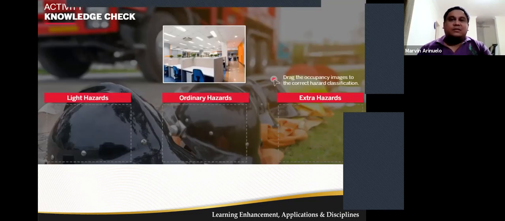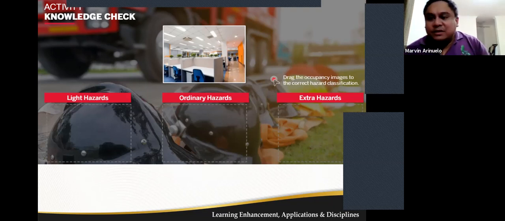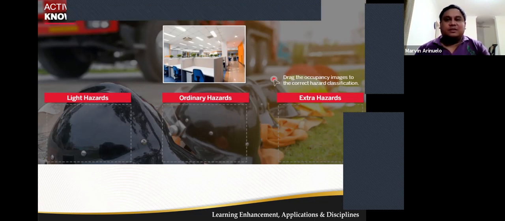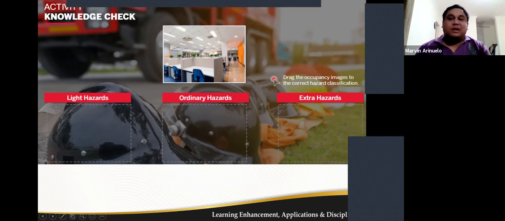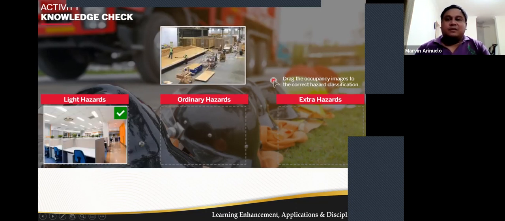So this one, a typical office. What kind of hazard is available in this kind of setting? Normally you will expect fewer materials, so not ordinary. An office normally has fewer materials, so it is a light hazard.